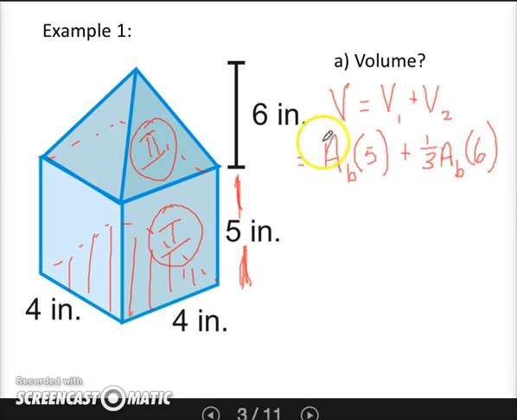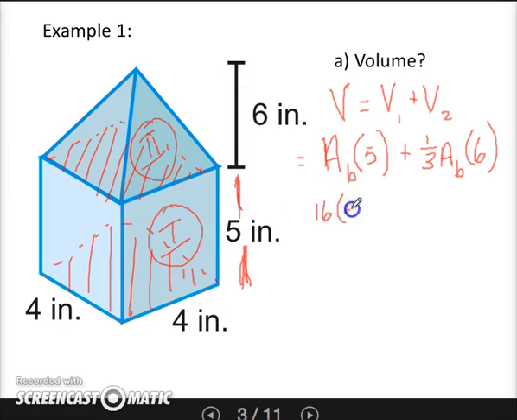Now, am I going to get away with making the area of the base the same for both of these? Well, in this case, yes, because the area of the base of this pyramid is the same as the area of the base of this rectangular prism. The base is 4 by 4, so the area of that is 16.